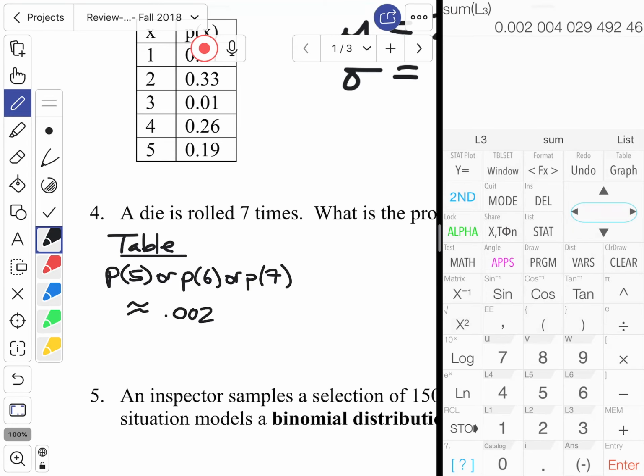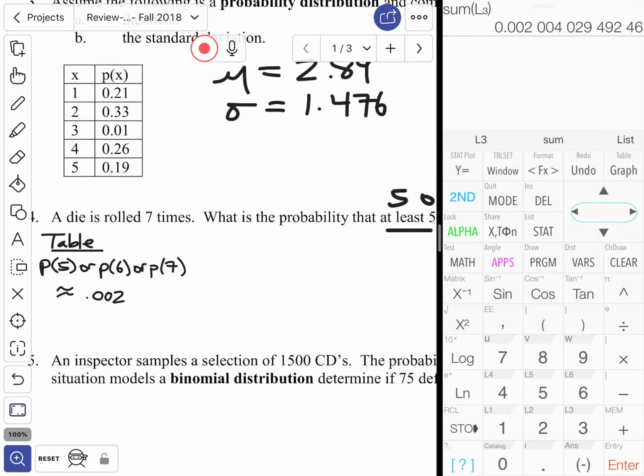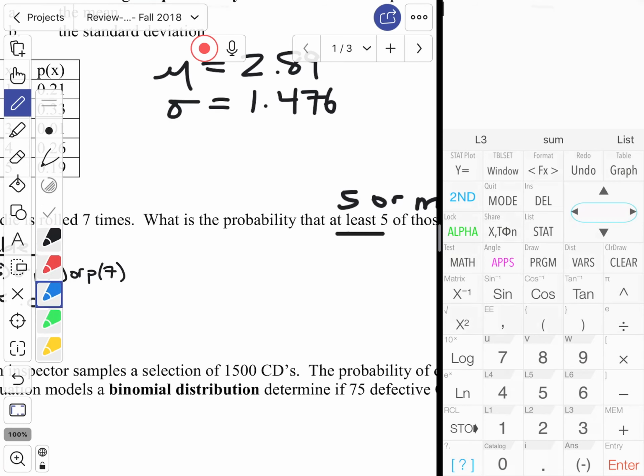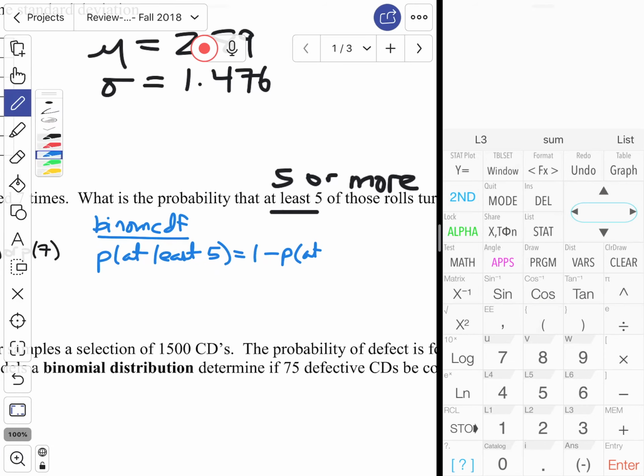Now, if I'm using Binom CDF, this is at least. Binom CDF does at most. So what I would do first, if I want probability at least 5, I would do 1 minus the probability of at most 4.